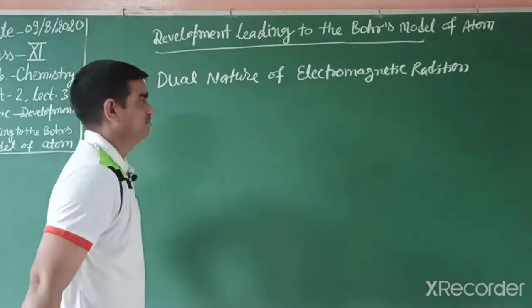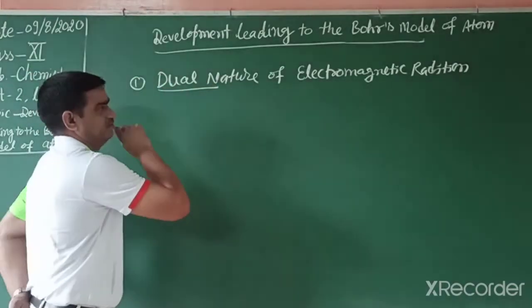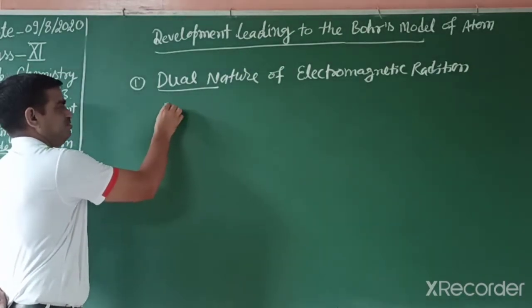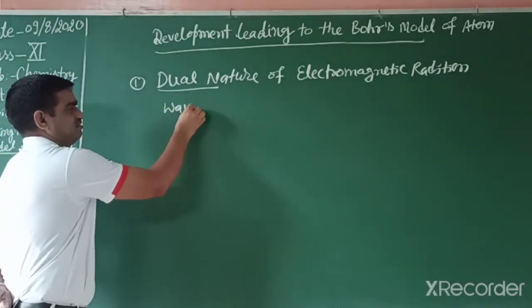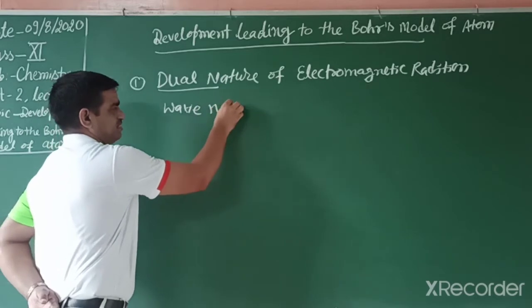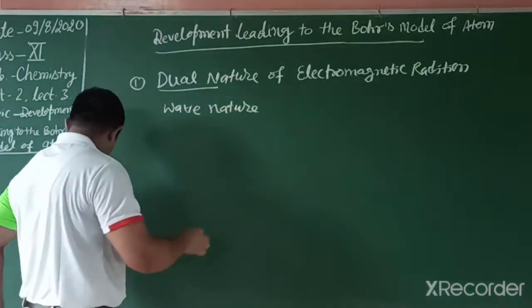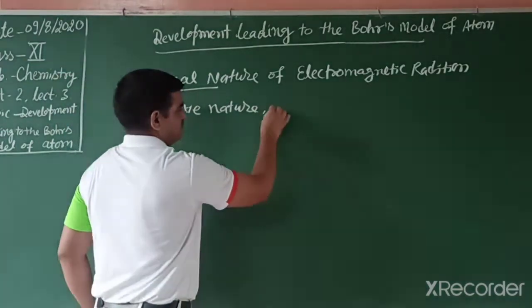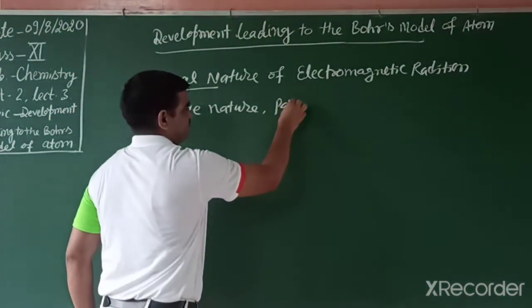This dual nature means electromagnetic radiation has two types of nature: one is wave nature, the other is particle nature.